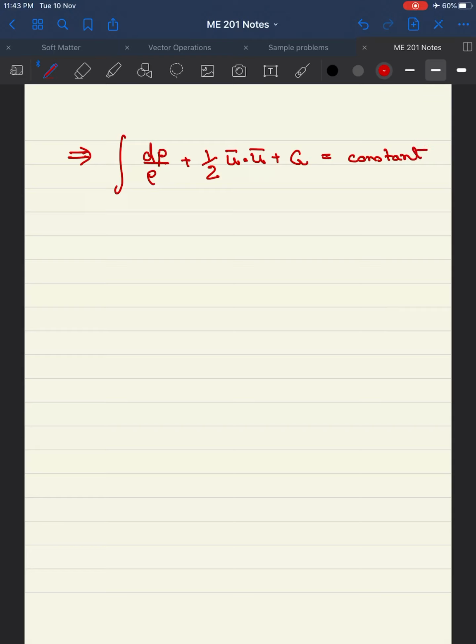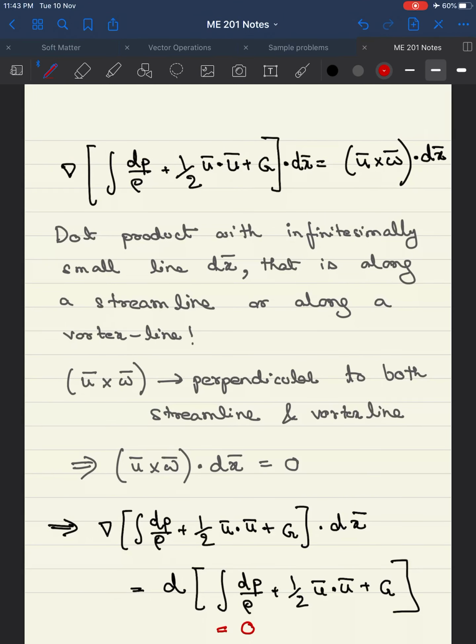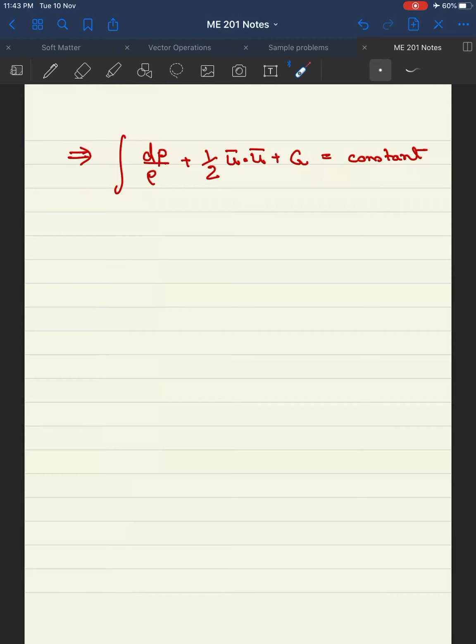Okay, so we have come to understand Bernoulli's equation for the special case of a steady flow. We began with the idea of inviscid flow, then we imposed the condition of steady, and then we have to take this dot product along either a streamline or vortex line, and in both cases we end up with this equation.